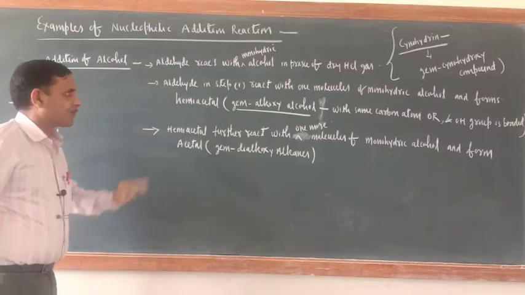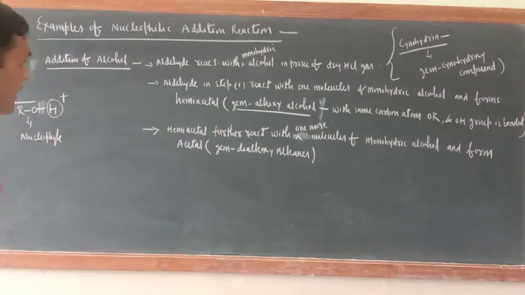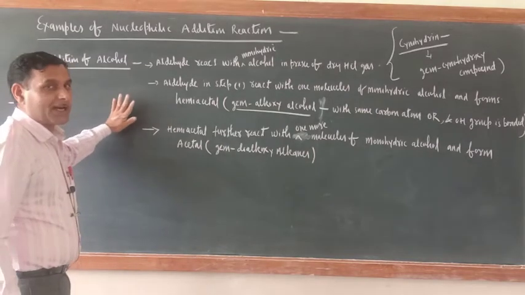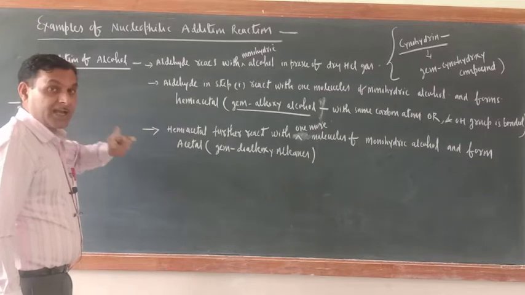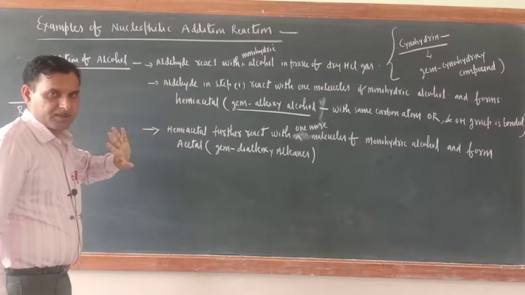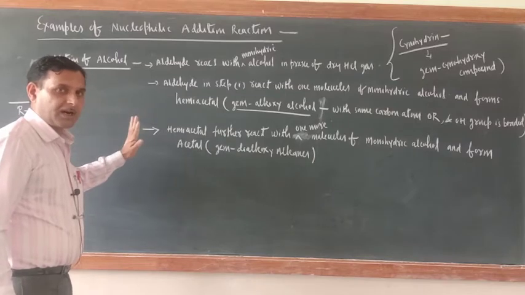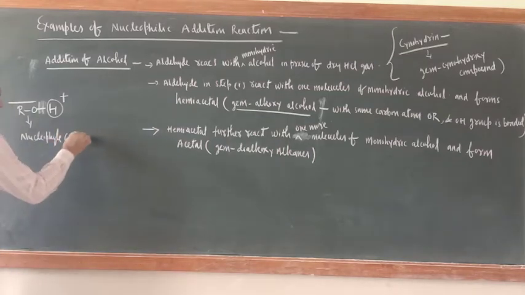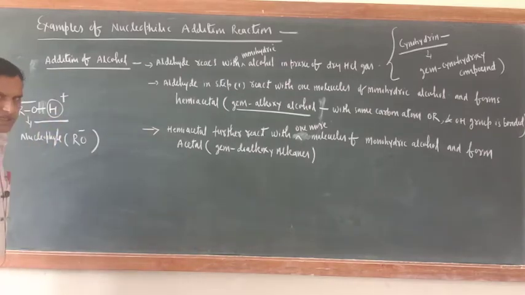Just see here, acetaldehyde reacts with monohydric alcohol, not dihydric alcohol, in presence of dry HCl gas. Remember this one, dry HCl gas. I will tell you the function of dry HCl gas also. I hope that you understood this. So the nucleophile is RO negative from alcohol, and you know that alcohol is a nucleophile.